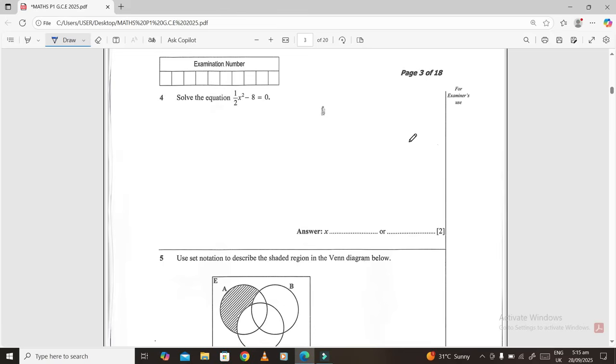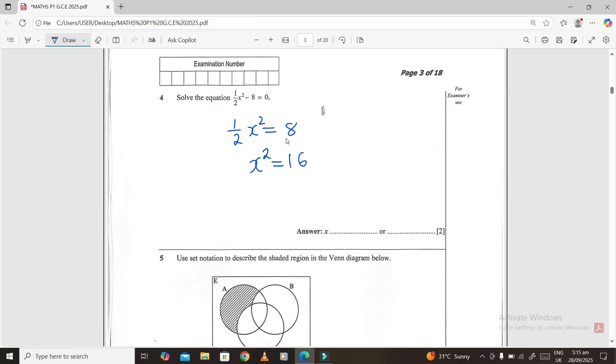For our next question here, they want us to solve. So here we shall write 1 over 2 x squared is equal to 8. So move negative 8 to the other side of the equation. There's a power 2 here, so this will be x power 2 is equal to 16.